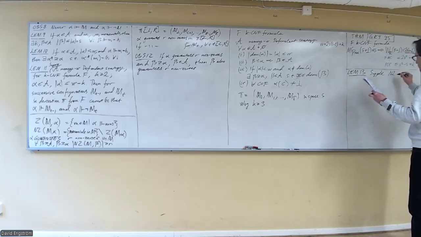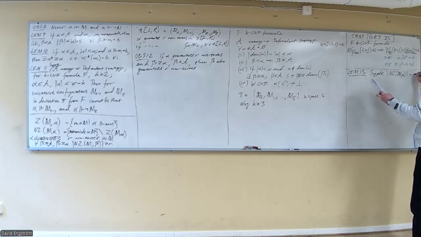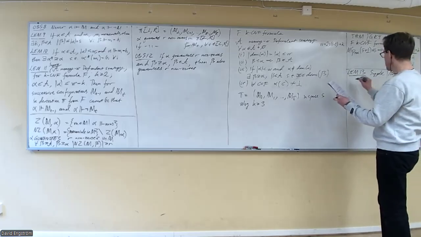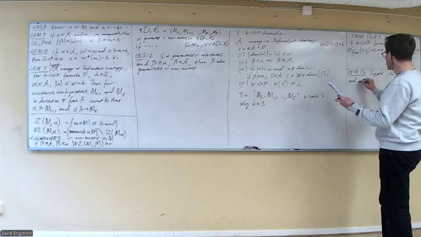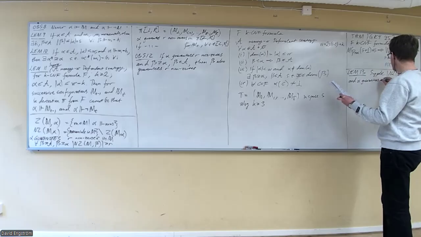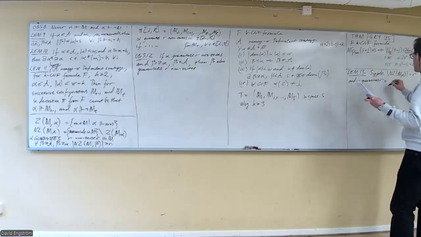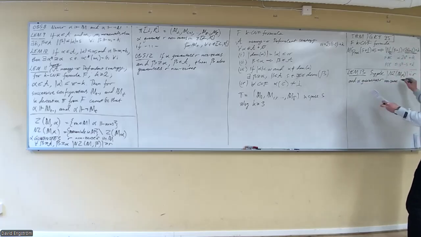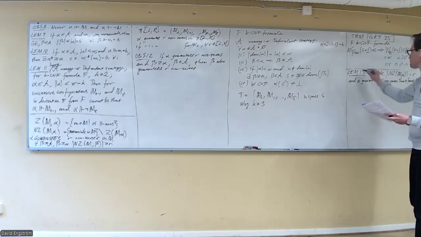Suppose that the number of non-zeros in M with respect to alpha is r, and suppose also that alpha guarantees r non-zeros. Then alpha forces M to some value.